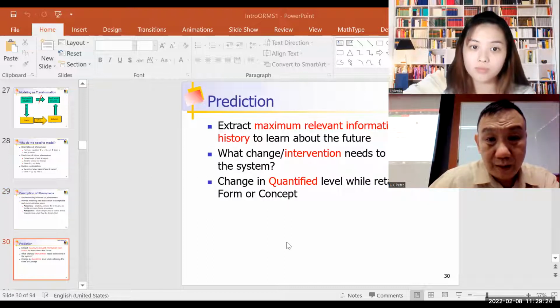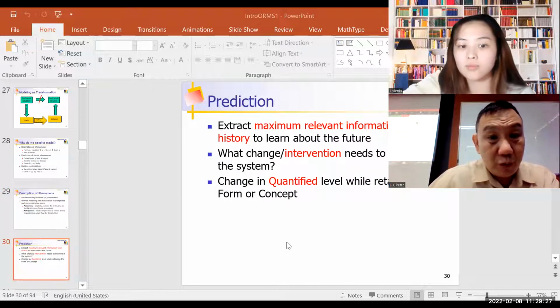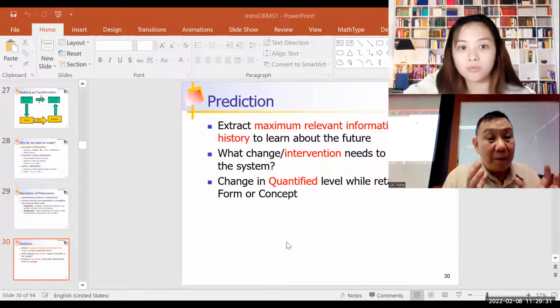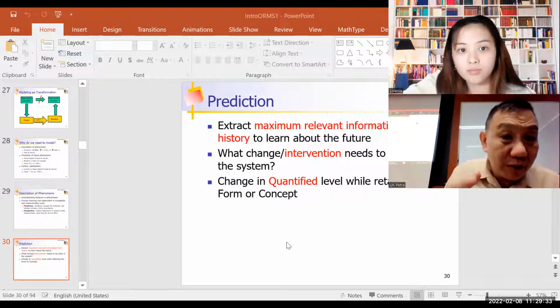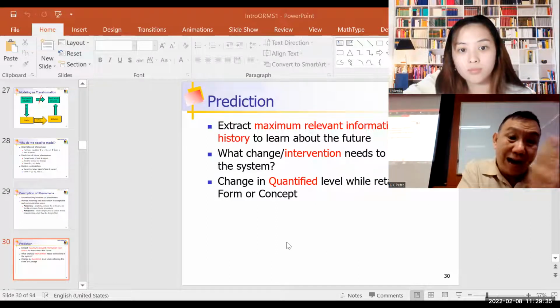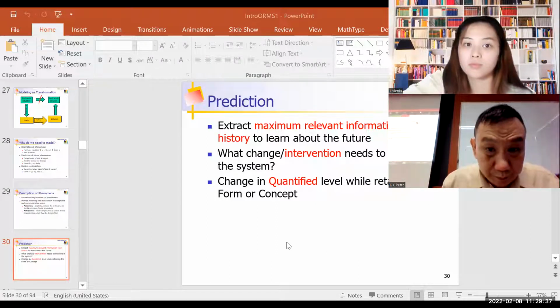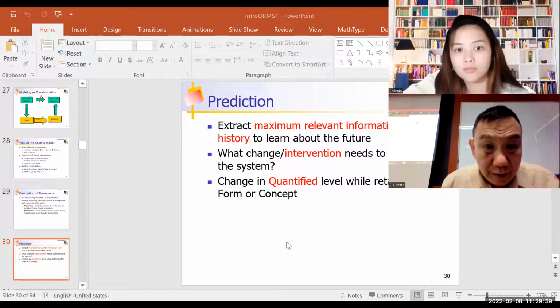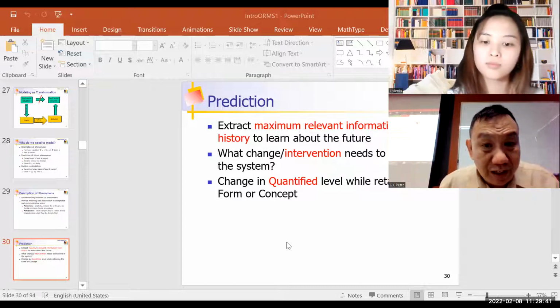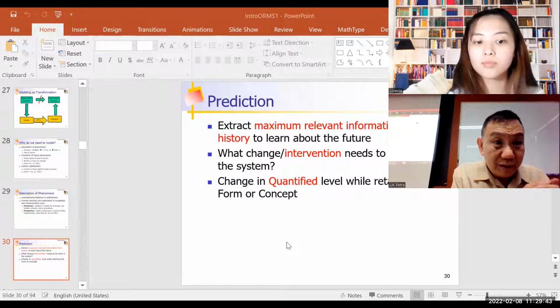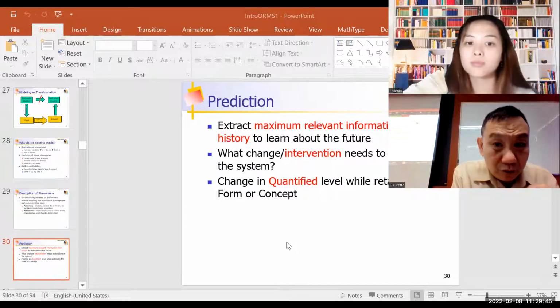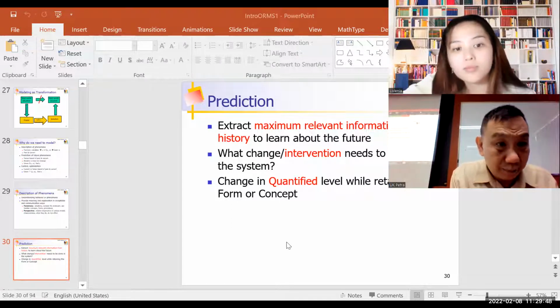Now, when you do prediction, the second level, you extract the maximum relevant information from the history, from the past, to learn about the future. Then the question is what change or intervention, what action, is to be done in the system.